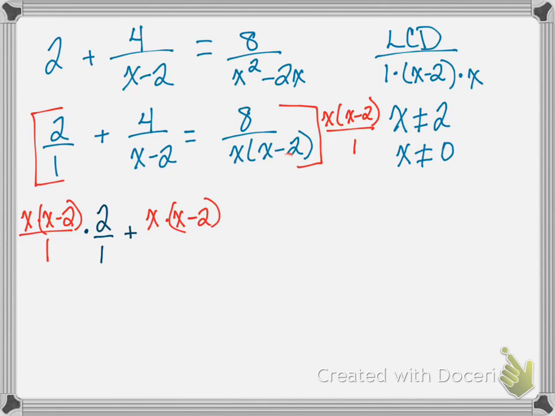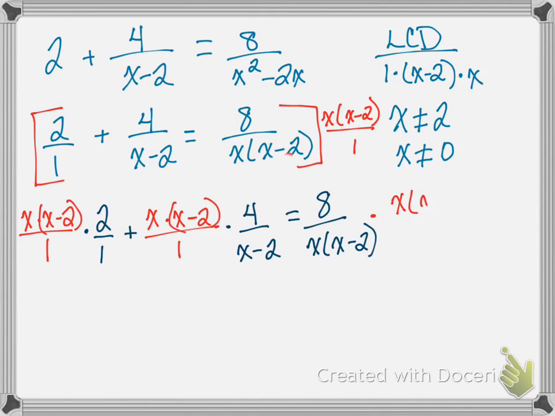I apologize, I didn't do that on the first one. Okay, and then I am multiplying that times 4 over x minus 2. And then my last rational I've got is x times x minus 2 over 1.